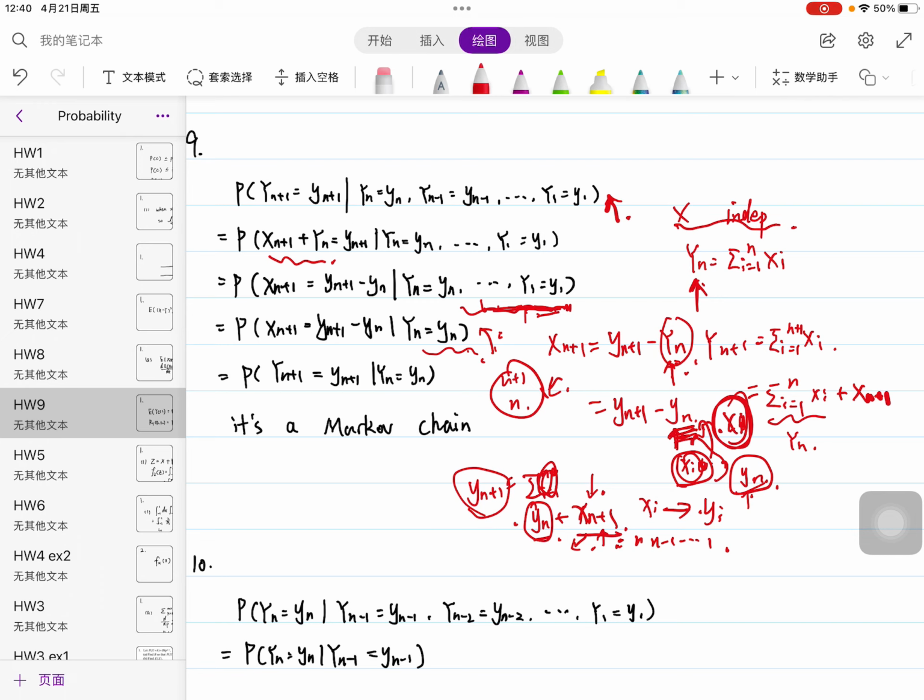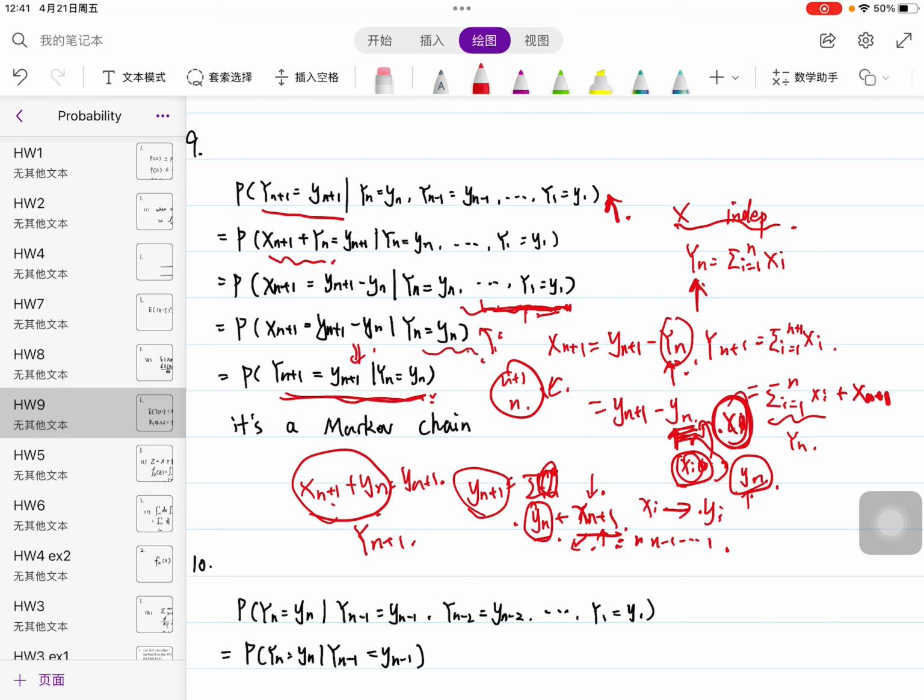And then we change xn plus 1 plus yn equals yn plus 1, and now we write it back as capital Y n plus 1 here, like this. So they are the same, right?